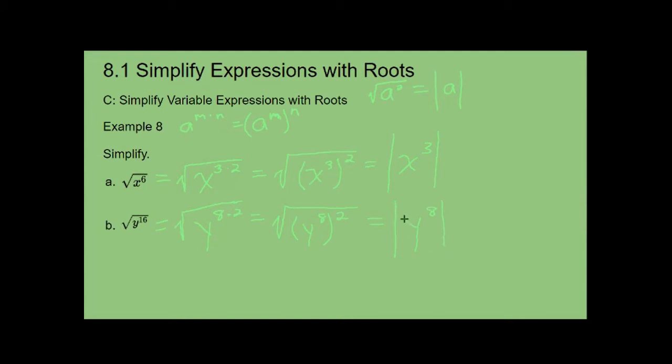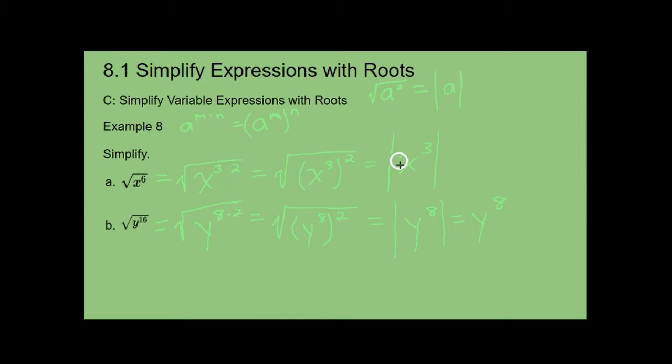Now, here I can simplify this even further, because this is even, no matter what goes in for y, the answer is going to be positive. If we put a positive value in for y, it's going to be positive. If we put a negative value in for y, the answer is still going to be positive because you have an even power. So we can get rid of those absolute value bars there.